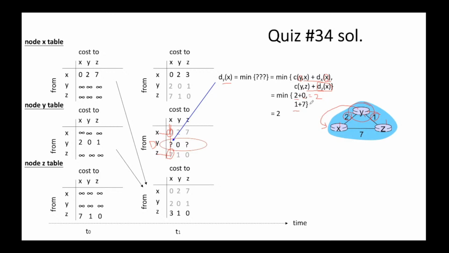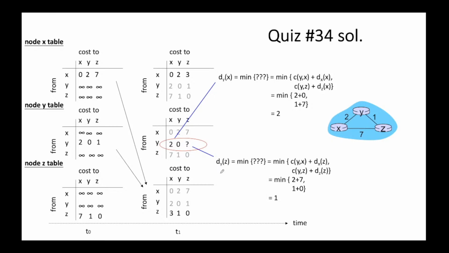So the best path going through neighbor Z is unfortunately costing us 8. So comparing the two, the path going through neighbor X is better. So YX and then reaching X, total cost 2. So we can now update DYX to 2.